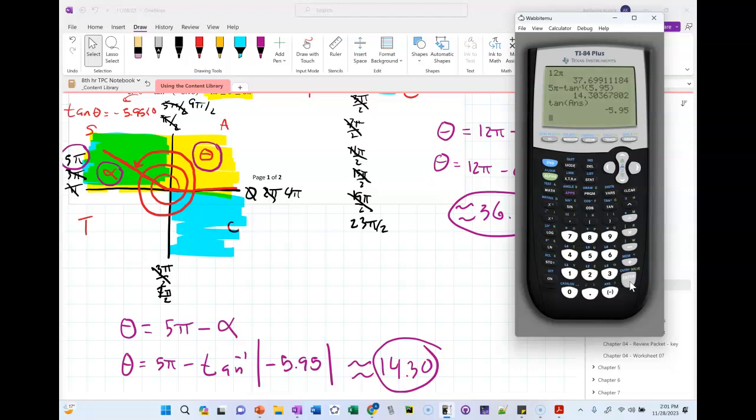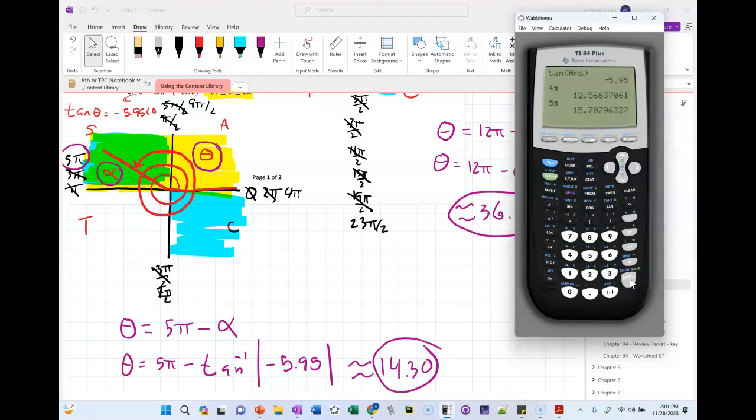And that number, 14.30, should be bigger than 4 pi and smaller than 5 pi, right? So 4 pi is smaller. Great. 5 pi is bigger. Yes. At that point, I'm convinced.